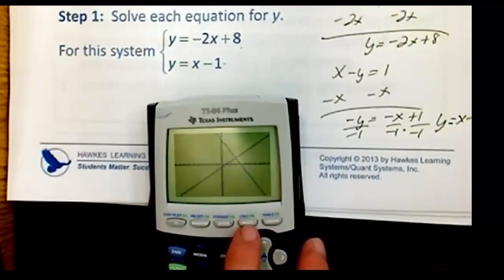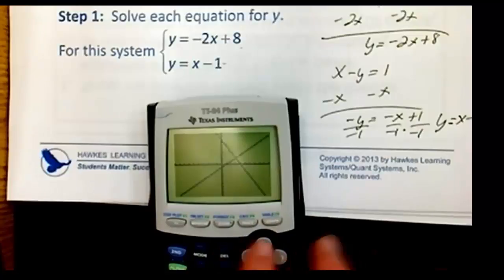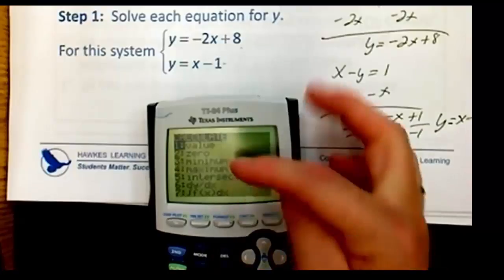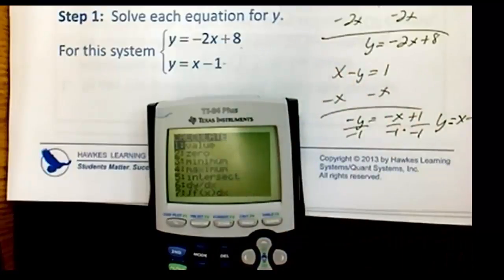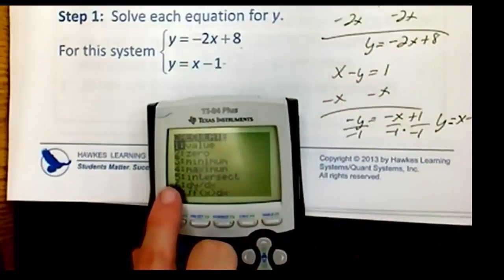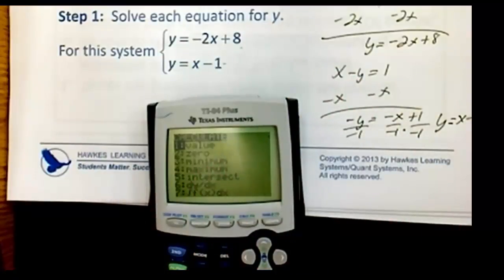But if we go up to calculate, up above the trace button, if we go second, calculate, you've got all kinds of things you can do with your graph. If you go down here to number 5, and 5 is intersect, and I keep hitting enter, right now it's looking at the first graph, and it's giving me a point.